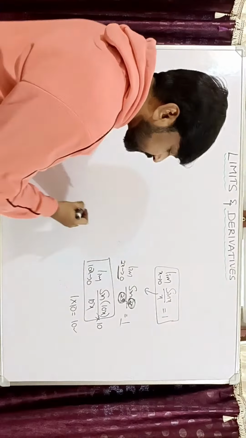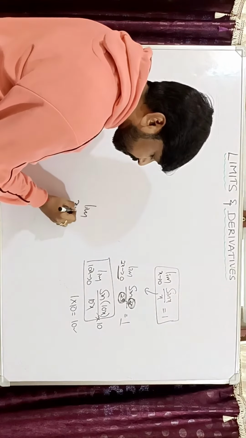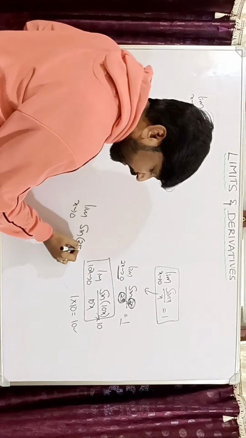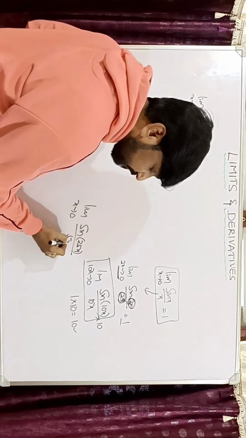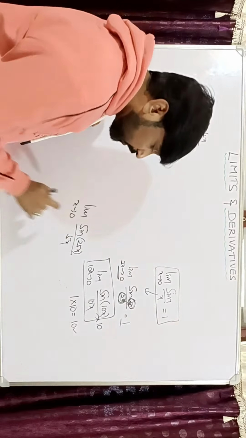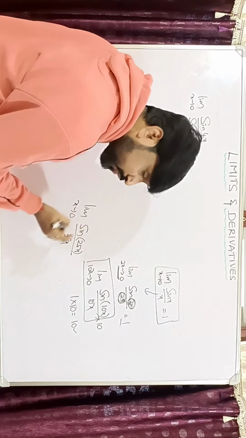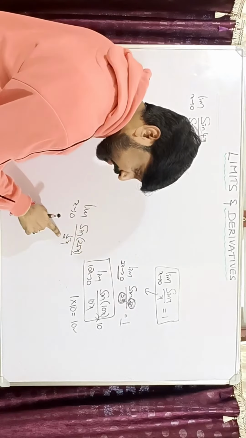Understanding? For example, limit x tends to 0, sine of something like 25x is there, and here 5x is there. If you want to write this as 1, compulsorily the denominator should be 25x. But 5 is there, so what is the balance value? 5.